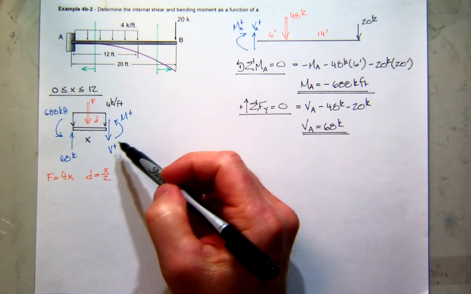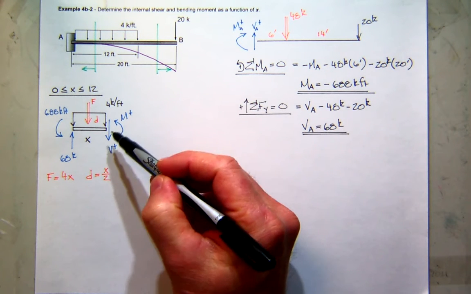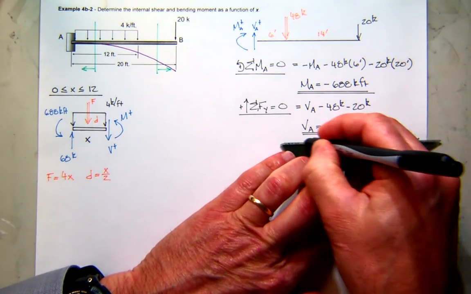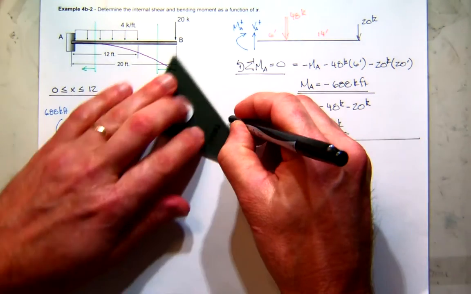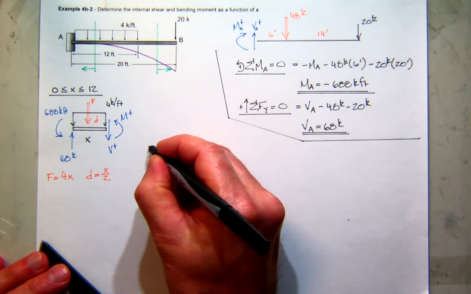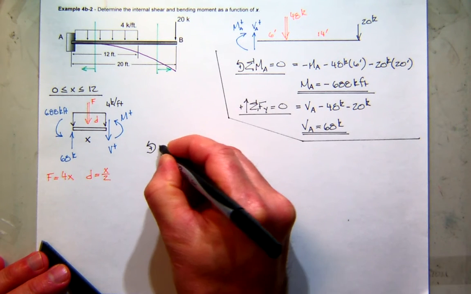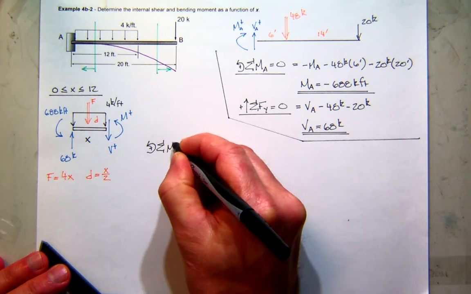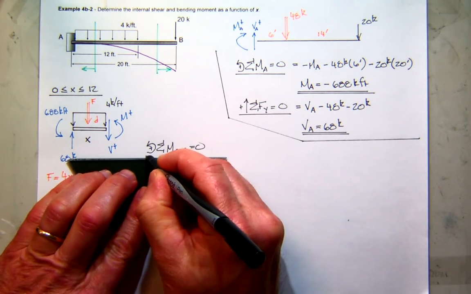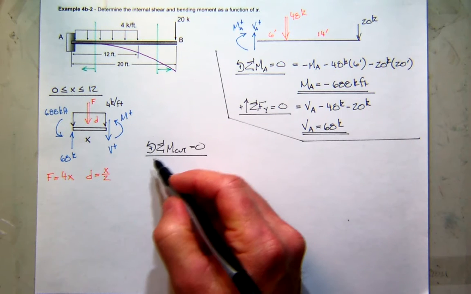Now I just need to sum moments and forces to find that. So let me make a little line here to break that off from the rest. Then we'll sum moments at this cut and make sure it's in equilibrium. So again, I'm using the right-hand rule.